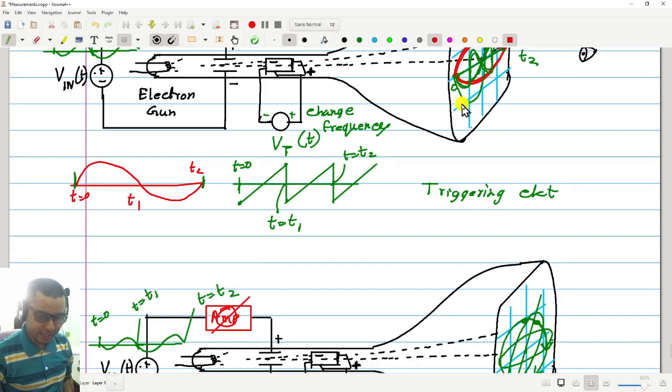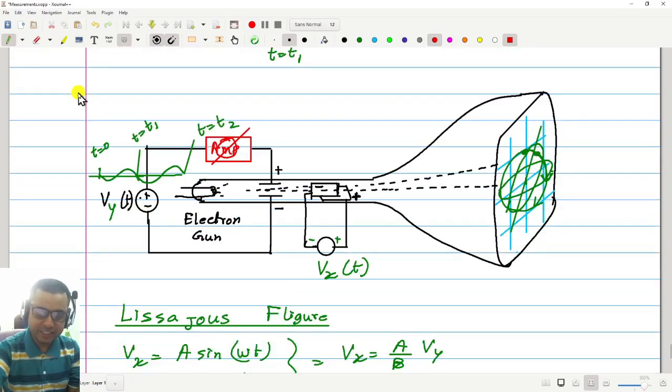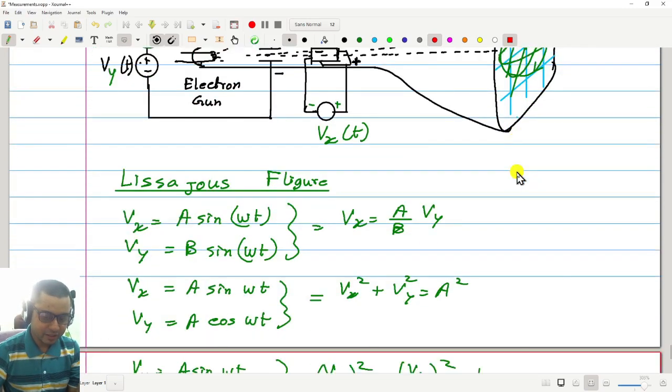After that, I am saying what will happen if you apply two arbitrary waveforms, one here and one here. Instead of this sawtooth waveform, suppose here also you apply a sinusoidal voltage, and here also a sinusoidal voltage. Then what will we see on screen? That is what we are discussing now.